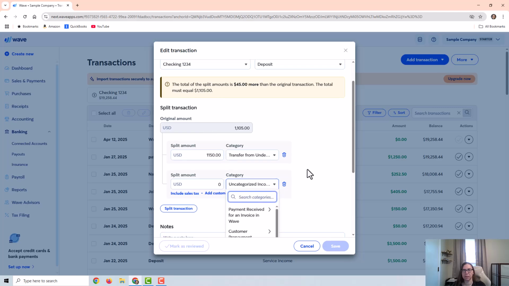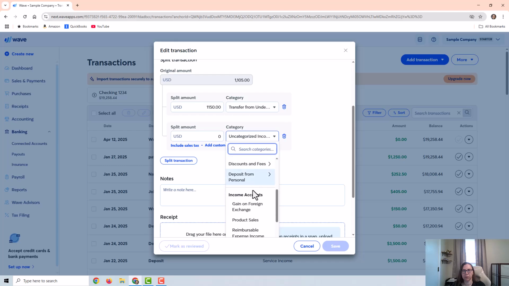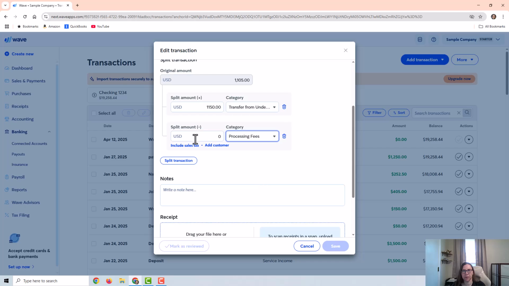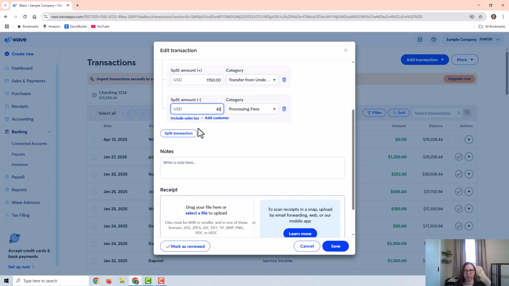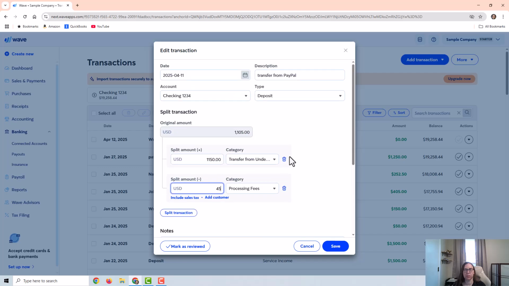And then I'm going to want to deduct the processing fees. So I would choose discounts and fees, and then I would choose processing fees. And you can see that it puts a split amount with a minus in parentheses, showing me that I can subtract this. So I would subtract the amount of the processing fees, which is $45, and that gives me the net effect, the net actual deposit that comes to the bank account.